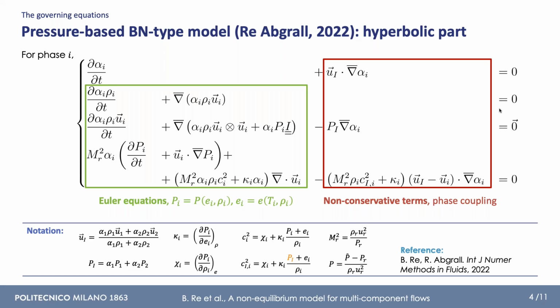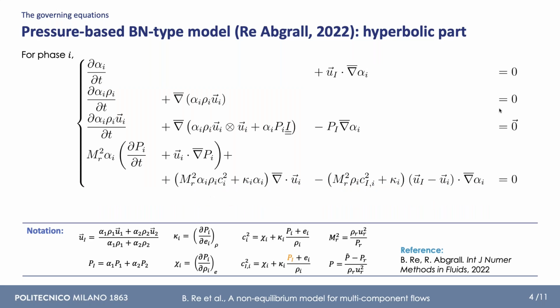In this work, the terms in the red box are the part that models how the phases interact with each other, and they are non-conservative because they contain the gradient of the volume fraction alpha. To have the model symmetric with respect to the phase or the component, we use simply some averaging of the velocity and of the pressure. The other peculiarity of this model is the presence of this quantity MR, which is a reference Mach number.